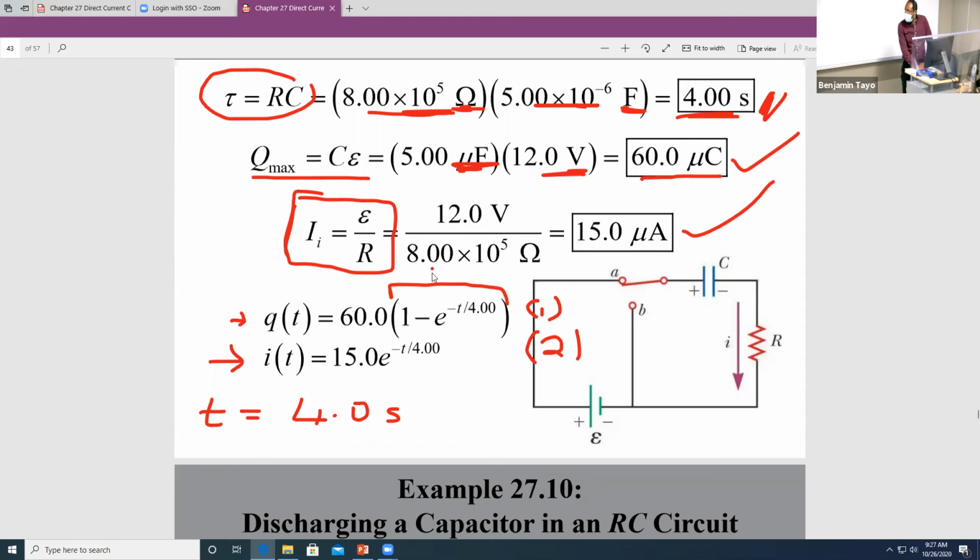It's 0.63. If you multiply 0.63 by 60, then you get 37.9, and this will be in microcoulombs.